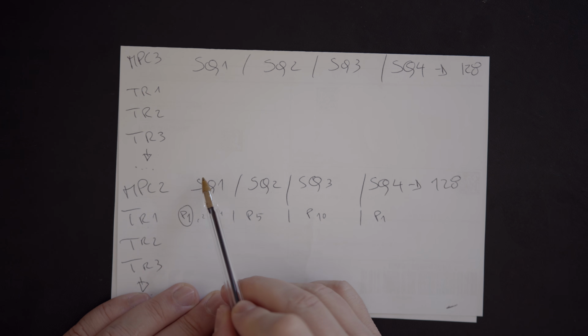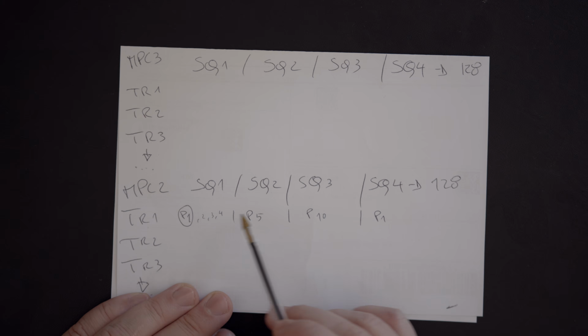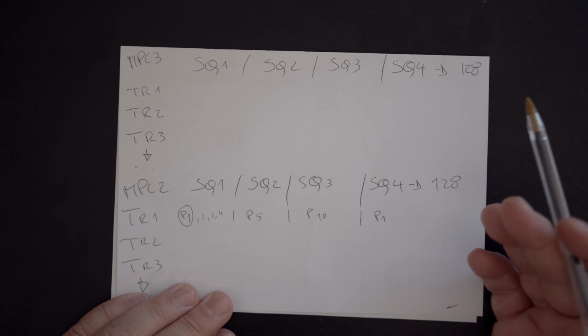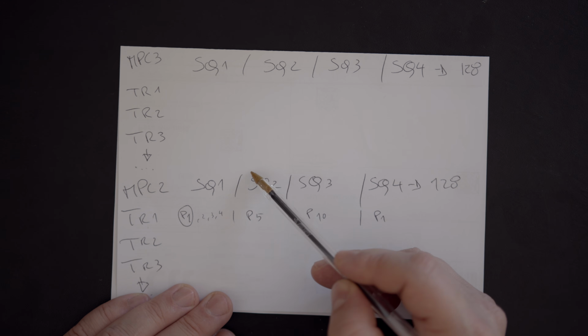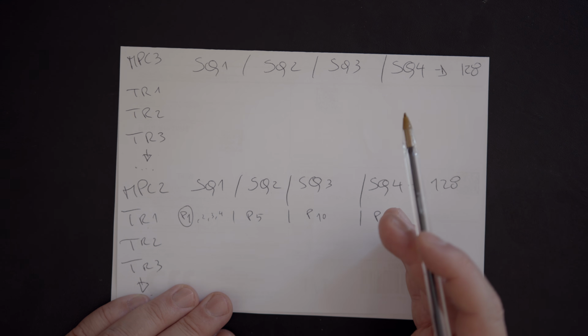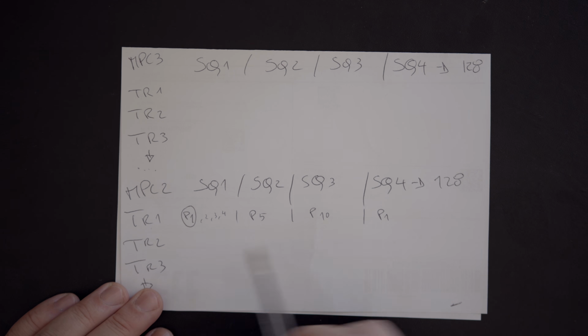This is due to the independence of sequences and their tracks. So each sequence is independent from one another. Whatever you put on sequence 1 doesn't necessarily need to be what's on sequence 2. You can always change programs, okay? And this is true for all the tracks.